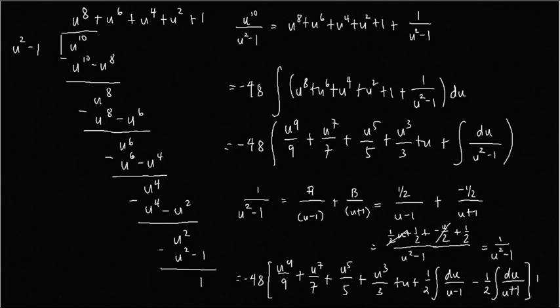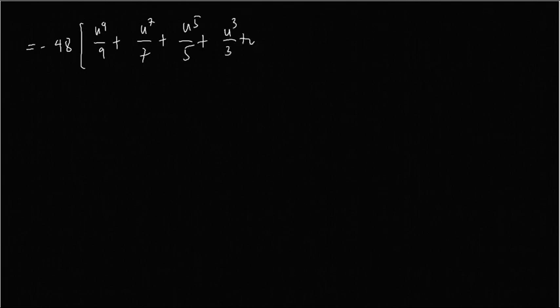Okay, magdagdag na tayo ng c. So, this will be equal to negative 48 times u raised to 9 over 9 plus u raised to 7 over 7 plus u raised to 5 over 5 plus u cubed over 3 plus u plus 1/2 ln of u minus 1 minus 1/2 ln of u plus 1 plus c.